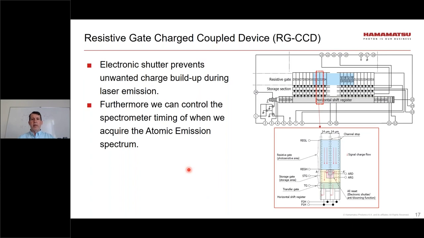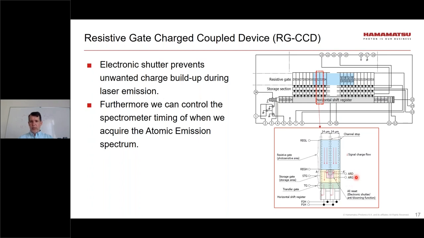This is an illustration of a typical resistive gate CCD. The blue section is the active area of the CCD, and that's where the photons are going to be converted into electrons. Those electrons are transferred down into a storage gate region, and there's two key timing signals that the user has control over, which are the all reset gate, the ARG, and the all reset drain, the ARD.